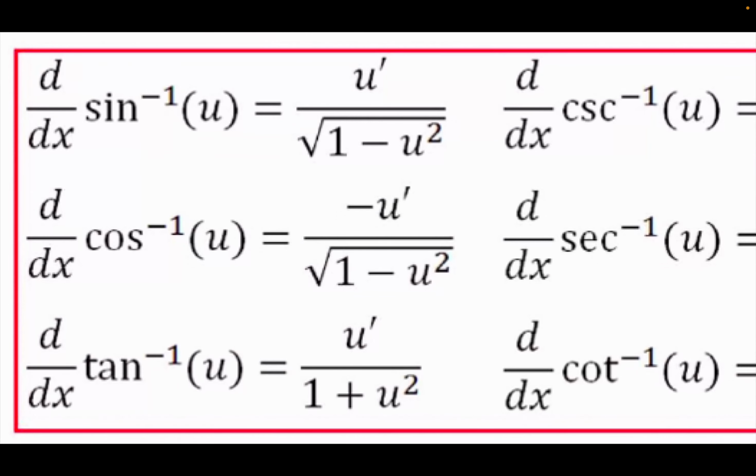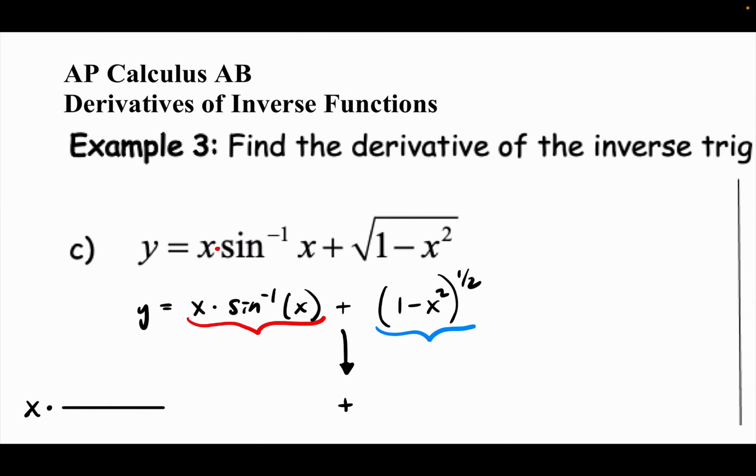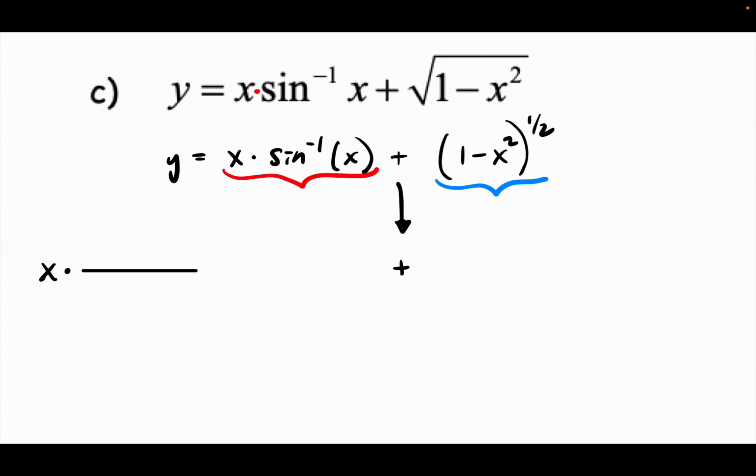Inverse sine: the derivative of the stuff over the square root of 1 minus stuff squared. So the derivative of the stuff is just 1, because the derivative of x is just 1. And then on bottom, it's 1 minus stuff squared, and the stuff is just x.